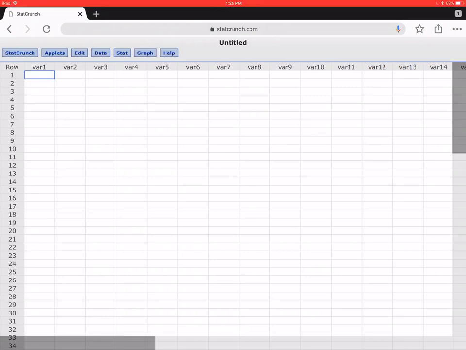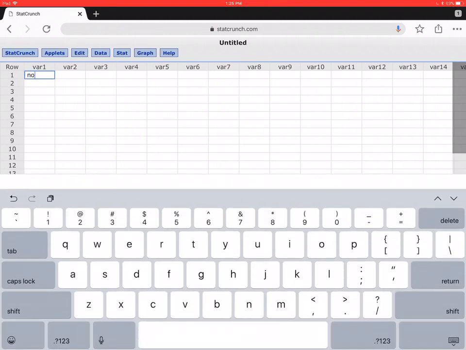We had no improvement and improvement. We had 1, 7, 6, 1, and this was antivenom, and this was placebo. Okay, and that's all I need.